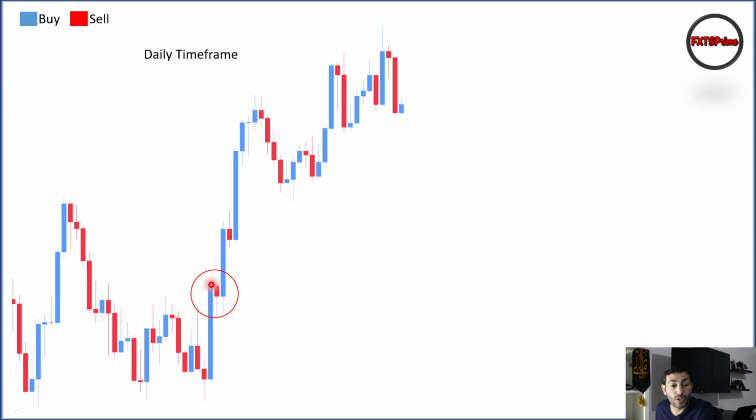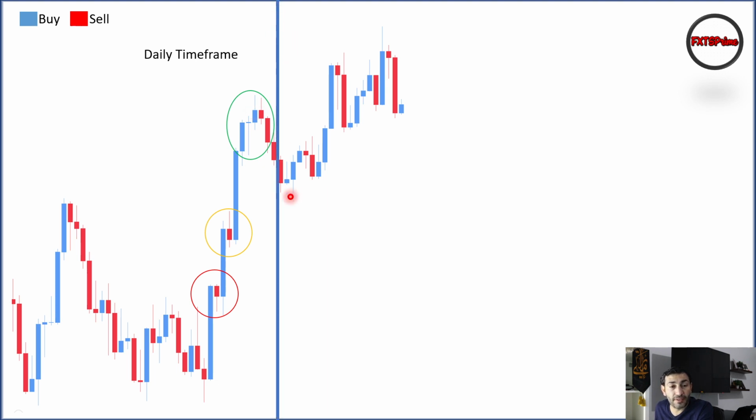However, when you look at this area, you will see a small candle here, another small candle here, and other small candles here, and that is the area where we need to place our entry, and I will explain this now.